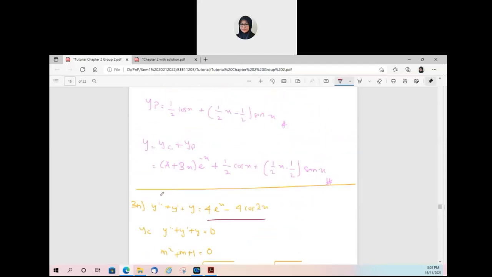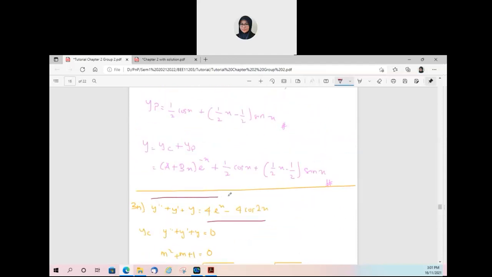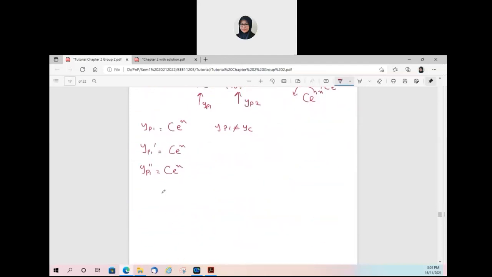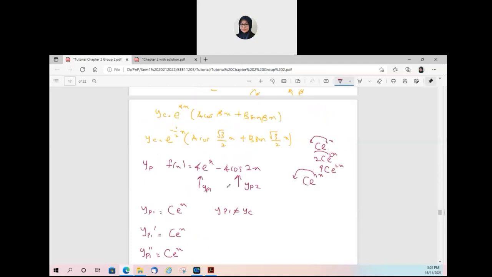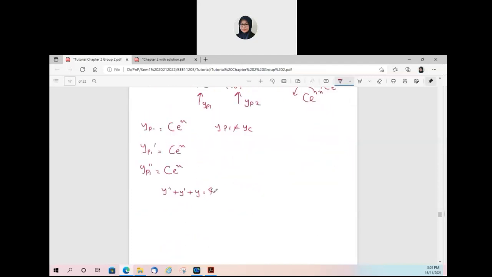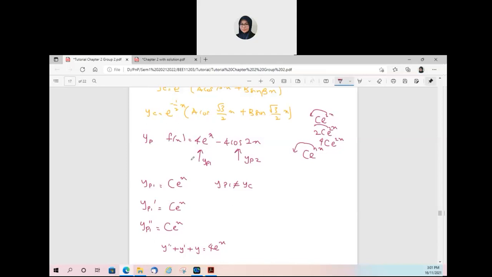Then, we have to use this equation. Okay. Here we have Y double prime plus Y prime plus Y equals to 4EX sahaja. Okay. Because we want to find C for YP1. Okay. YP1 kita yang ini.